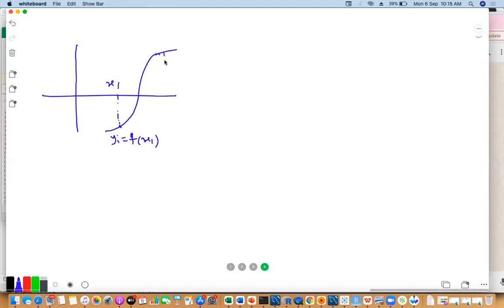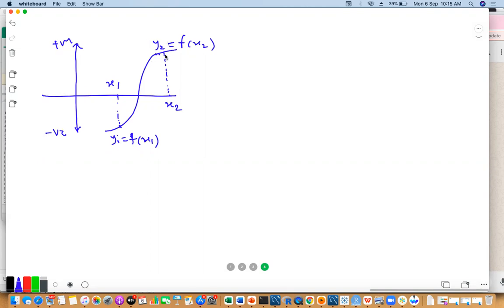And for x2 the value of the function will be y2 equal to f of x2. Here we will have y as positive on the upper side, and on this side the y will be negative, right?